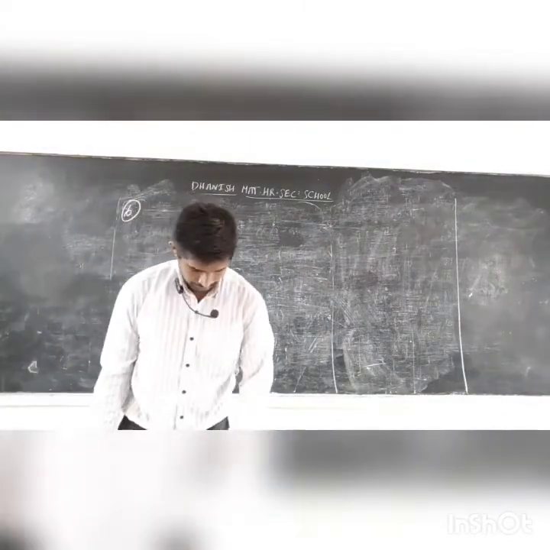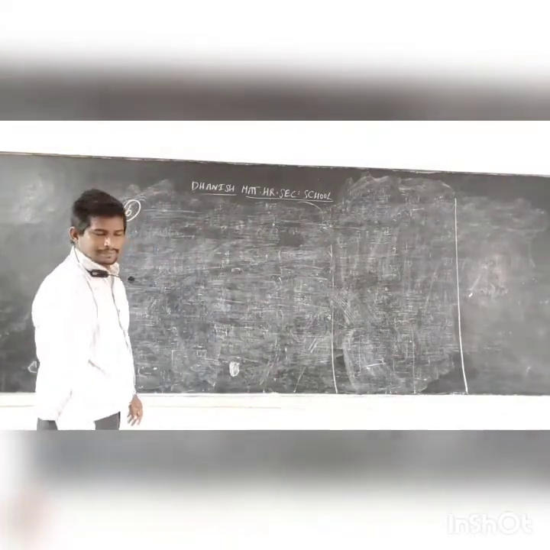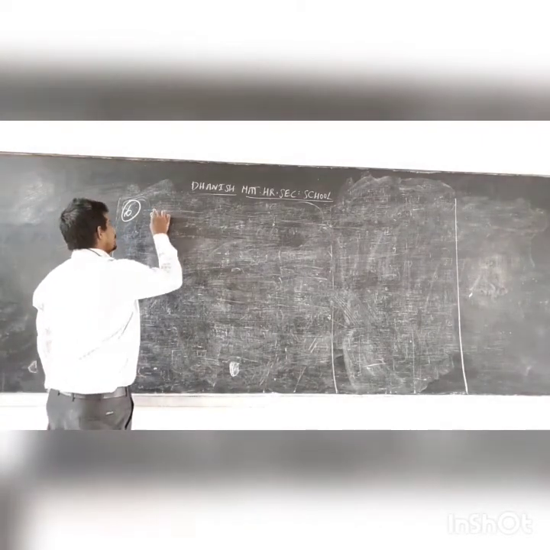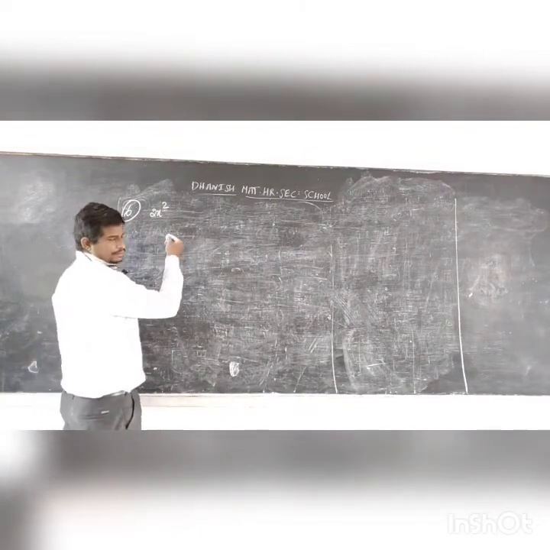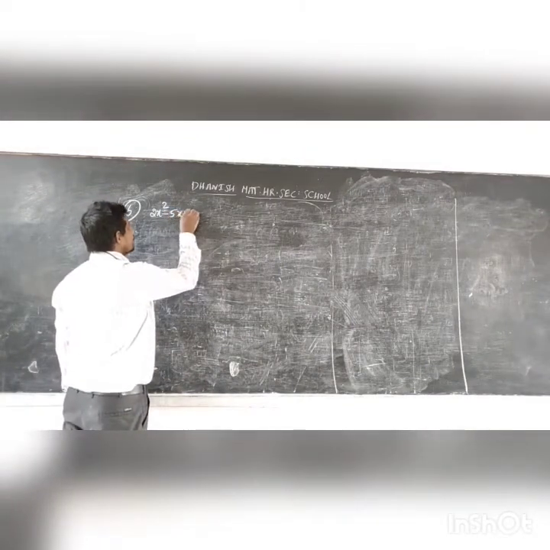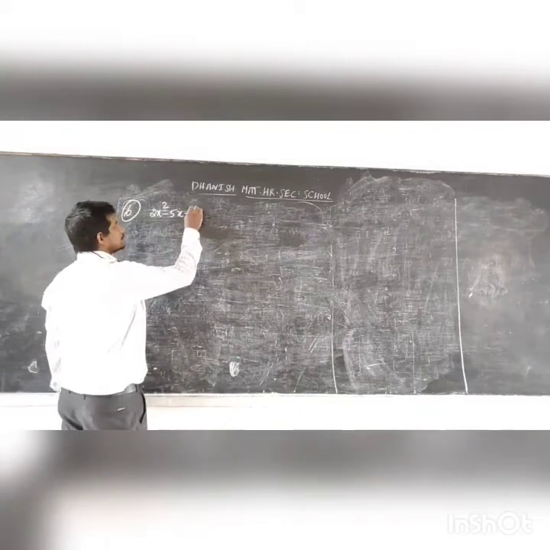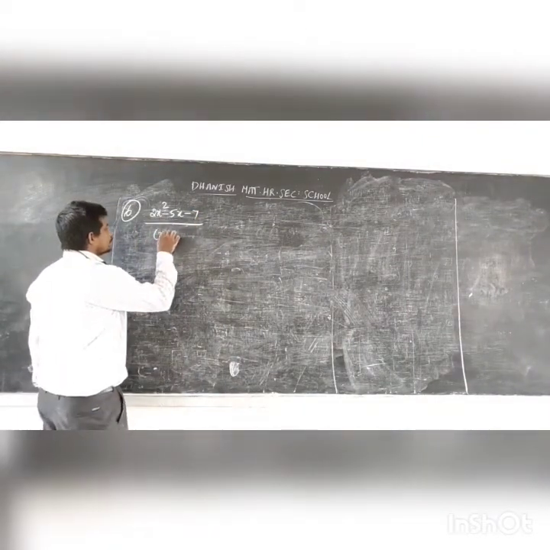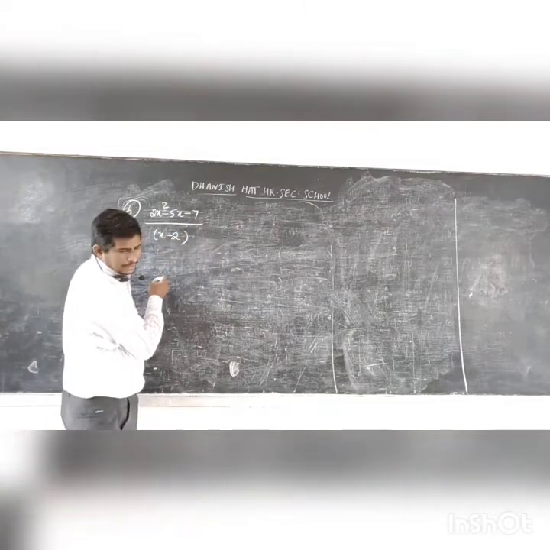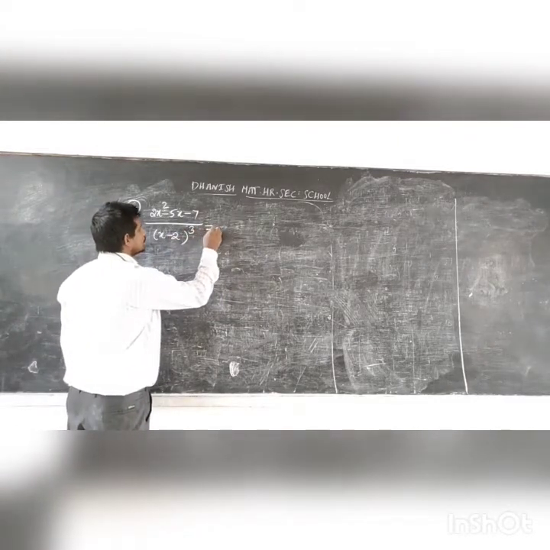Sixth sum. 2x square minus 5x minus 7 divided by x minus 2 whole power 3.